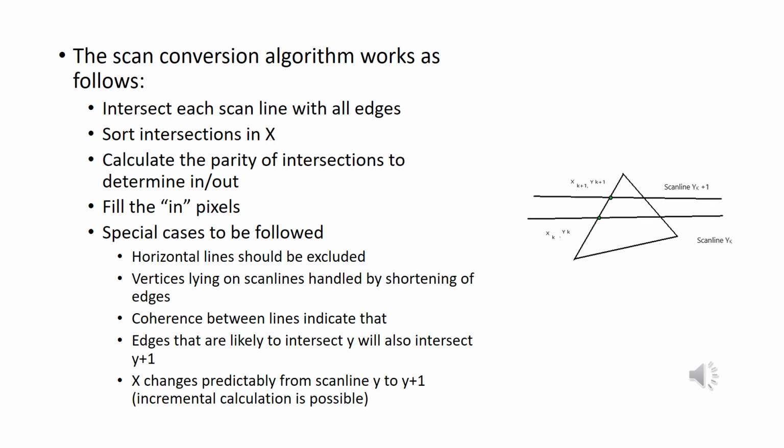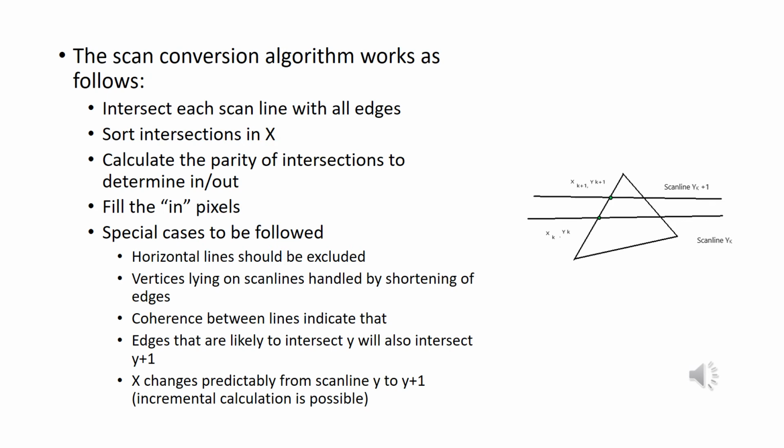Calculate the parity of intersections to determine the inside or outside region. Then the pixels which are part of the inside region are filled. Special cases are followed: horizontal lines should be excluded because they are also part of a scan line, and vertices lying on scan lines are handled by shortening of edges.